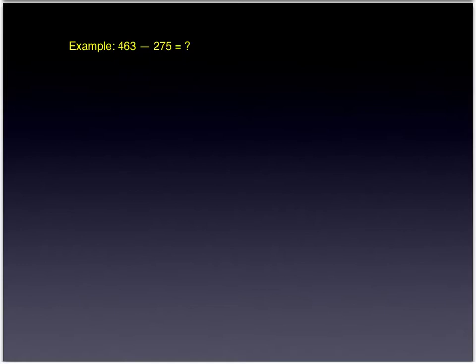Okay, in this problem we have 463 minus 275. And for it, we are going to use a method called the trade first, which you should already know. And this should be a bit of review for many of you, okay?